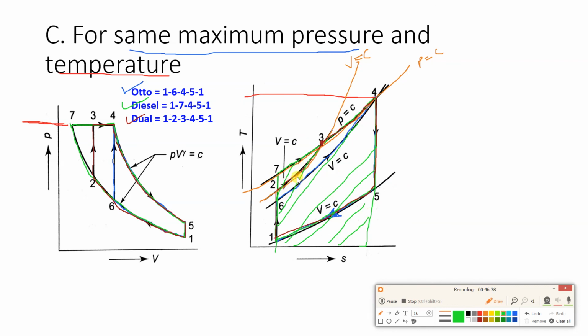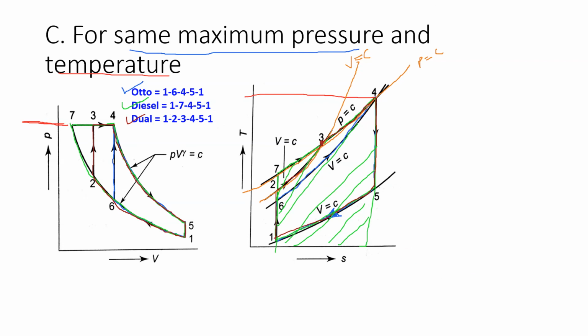Then in between is the dual cycle, and the least area is under 6 to 4, which is the Otto cycle. So from here, the efficiency definition will be the same. Efficiency is equal to 1 minus heat rejected upon heat supplied.